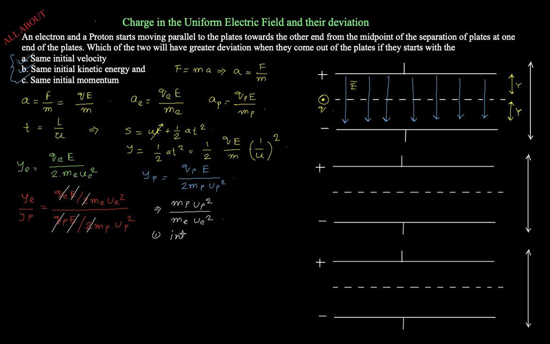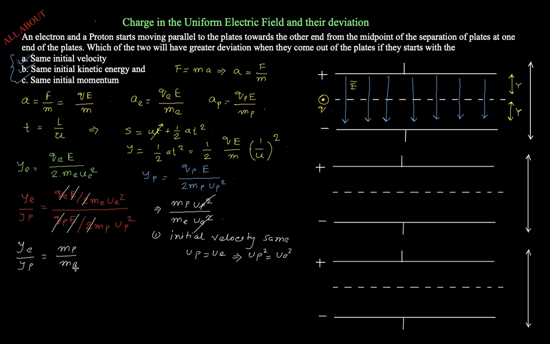As the initial velocity is the same, it means that UP is equal to UE. That means UP square is equal to UE square, so we can cancel it out. That means YE by YP is equal to MP by ME.